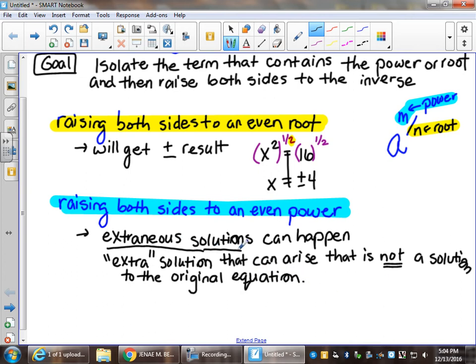So extraneous solutions can happen when we raise both sides to an even power. An extraneous solution is an extra solution that can happen that's not a solution to the original equation.